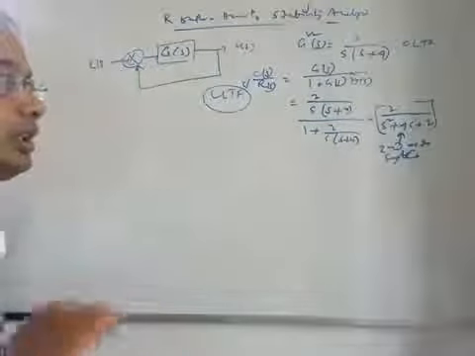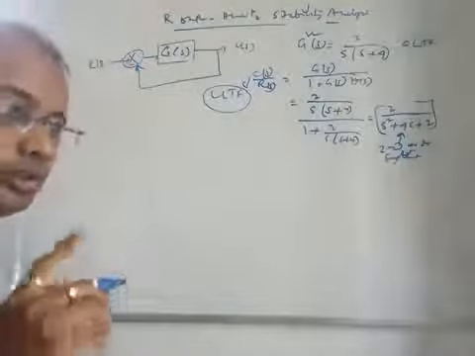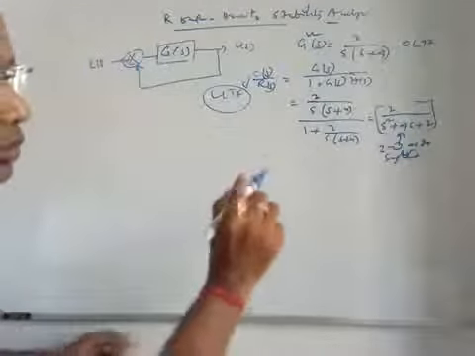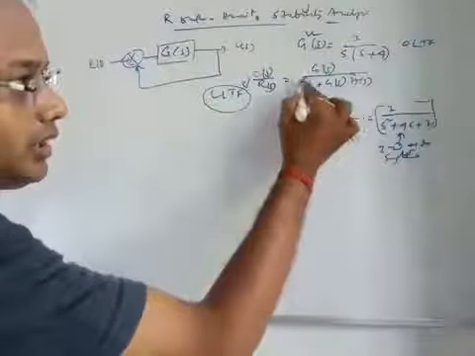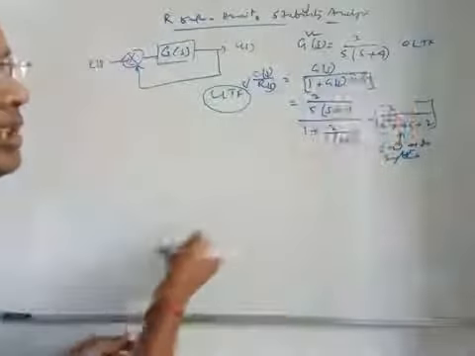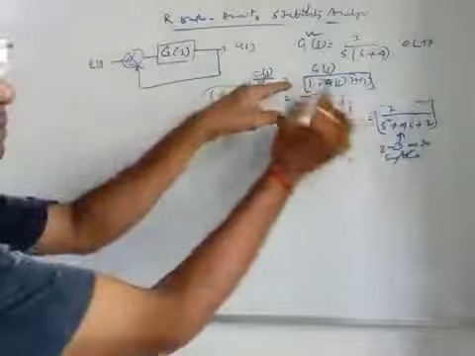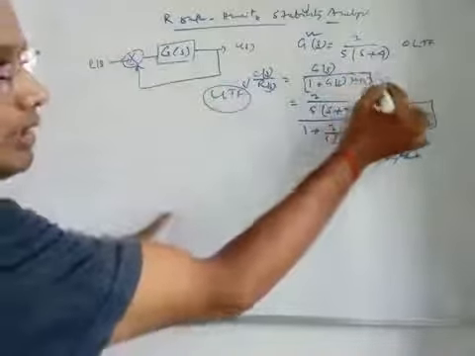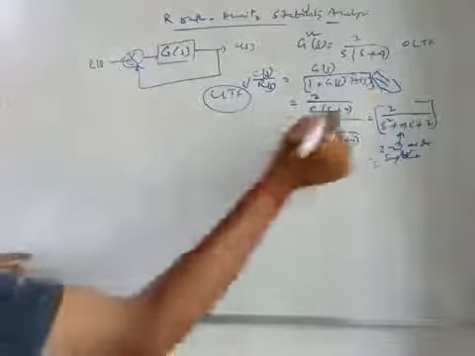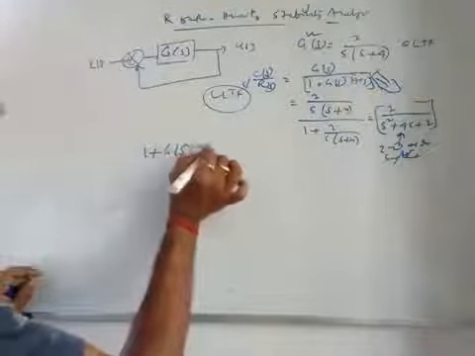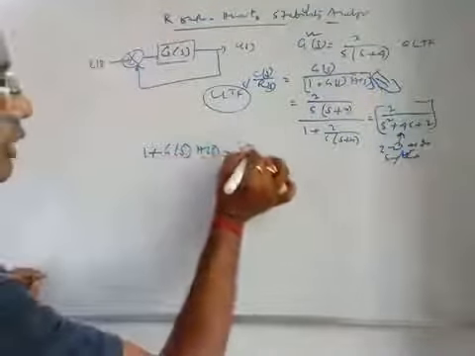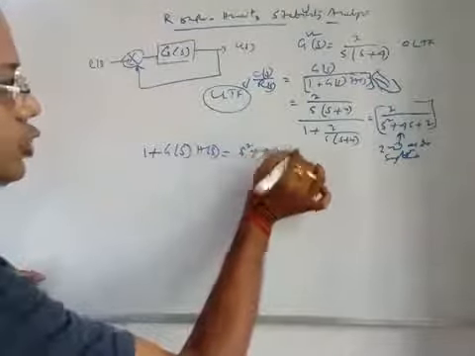First of all, you have to get the poles. In order to get the poles, what do you have to consider? You have to consider the denominator part. So the denominator part is the generalized term, that is 1 plus G(s)H(s). If you tally these two parts, what do you get? You get 1 plus G(s)H(s) equal to s squared plus 4s plus 2.